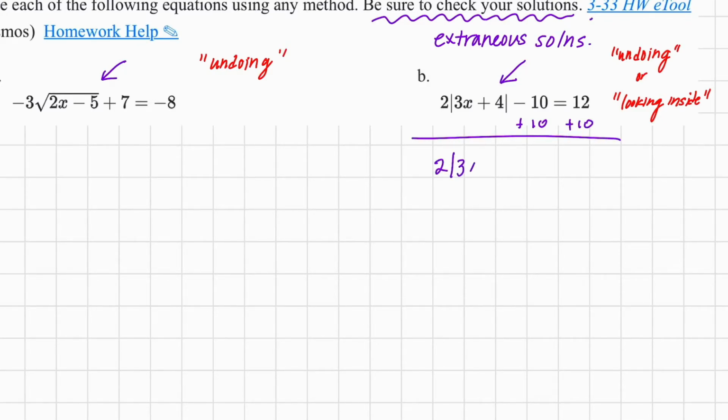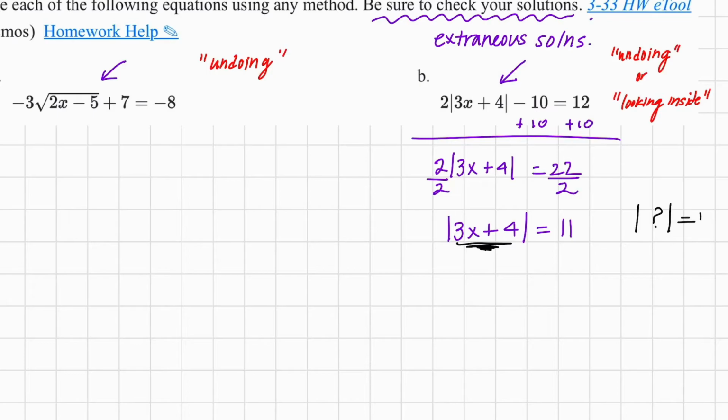2 times absolute value of 3x plus 4 equals 22. And then you could undo the 2 by dividing both sides by 2. So we've got absolute value of 3x plus 4 equals 11. And you can keep going if you understand the absolute value equation method. But the idea comes from looking inside, because now you're asked to find the absolute value of a number that gives you 11.